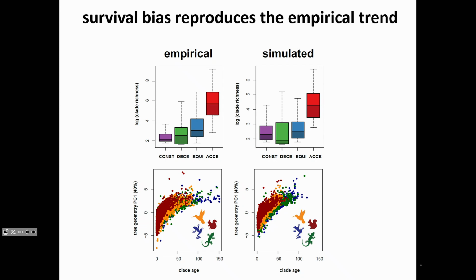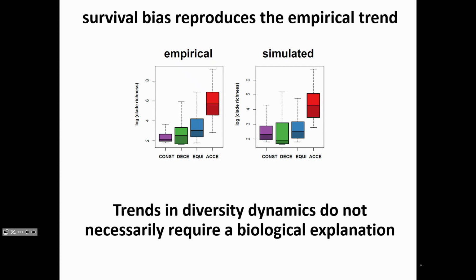So even without considering any biology, using just the survival biases themselves, I can actually replicate closely what I see in the data for mammals, amphibians, reptiles, and birds. I would conclude that the trends in the diversity dynamics do not necessarily require a biological explanation, right? They might result for non-biological reasons.